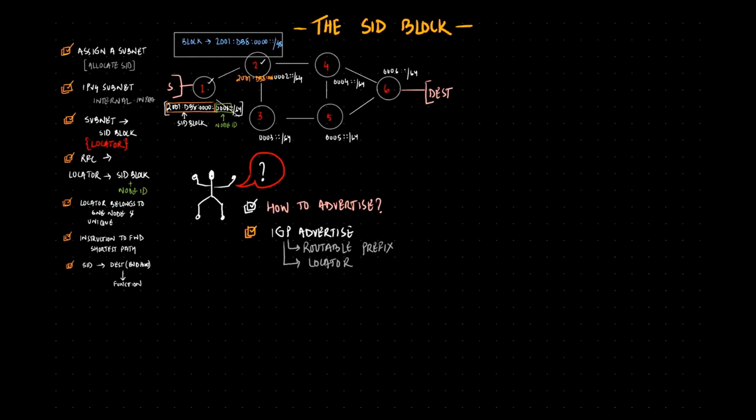In order to reach a node, we'll use the locator. The second question is, how many locators can we configure? One locator, two locators? We can configure multiple locators, depending on the use case. If we have a Flex Algo, then we can have one locator for Flex Algo and another one for normal routing.